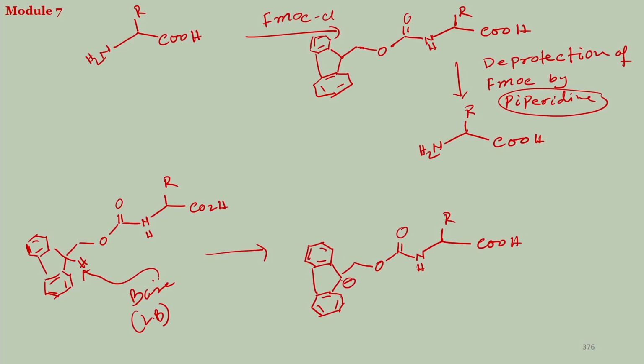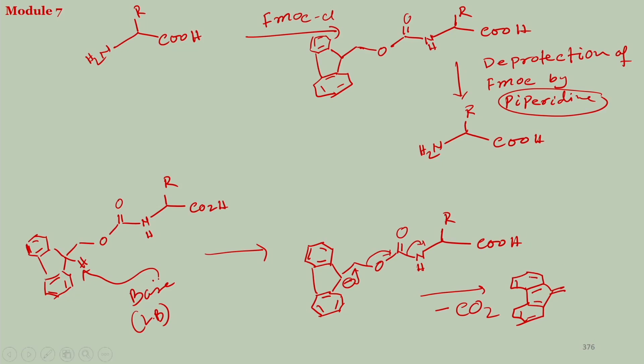So, it generates a negative charge here. So, the negative charge goes there, obviously, that comes here, goes here. So, again it will release a molecule of carbon dioxide and it will form a double bond.